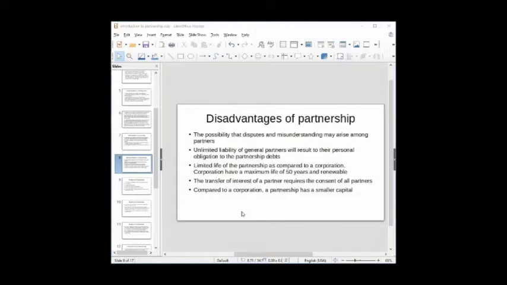Another disadvantage is the limited life of the partnership as compared to a corporation. A corporation has a maximum life of 50 years, and it is still renewable. Another disadvantage, the transfer of interest of a partner requires the consent of all partners. And the last one, compared to a corporation, a partnership has a smaller capital.